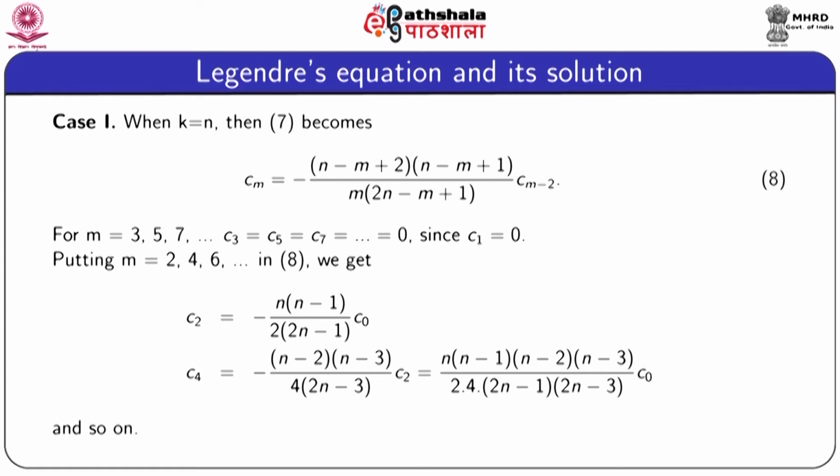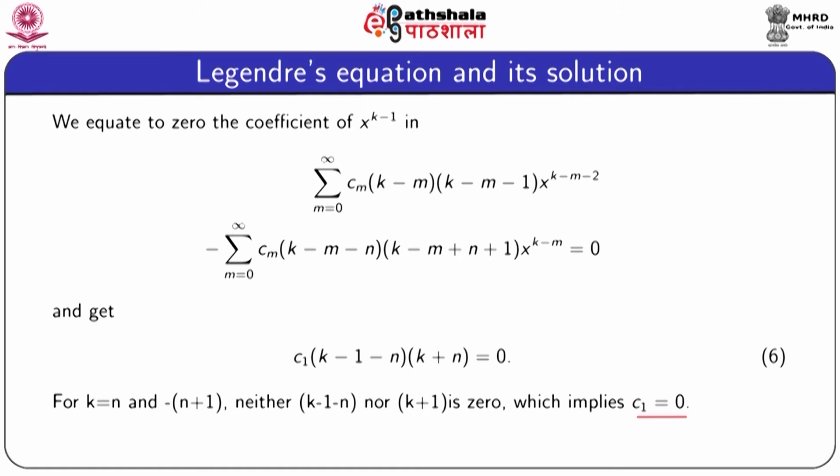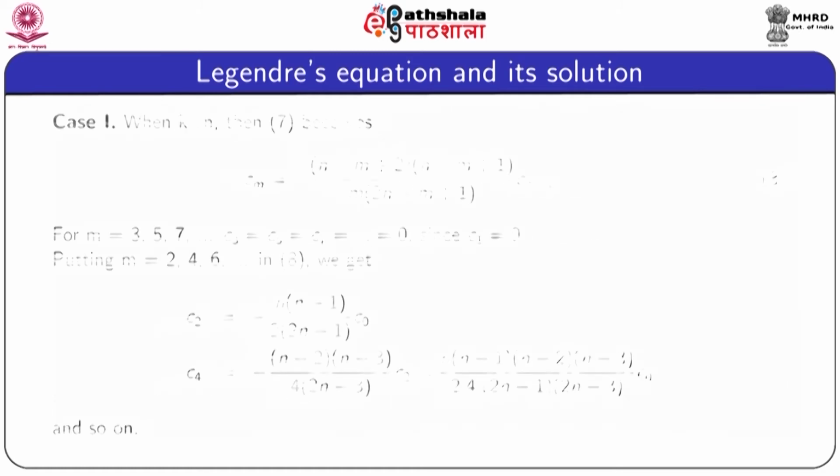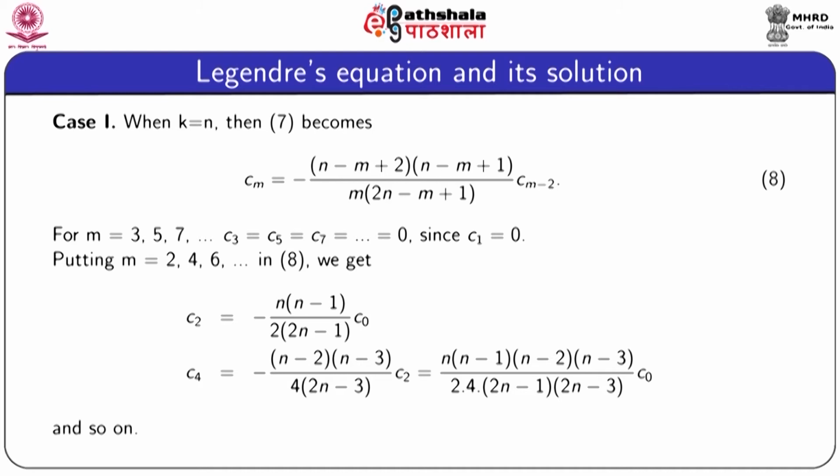When you substitute m equal to 3, this gives you (n minus 3 plus 2)(n minus 3 plus 1), m, which is 3, (2n minus 3 plus 1) into C3 minus 2, which is C1. And already we have derived that your C1 is 0. Since C1 is 0, this whole expression becomes 0 and you get C3 equal to 0.